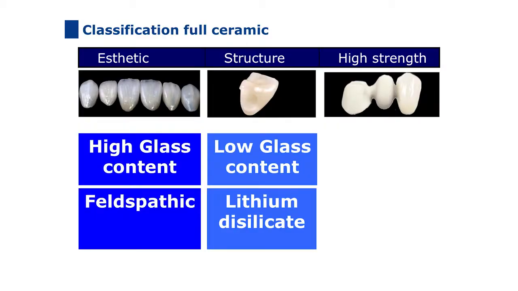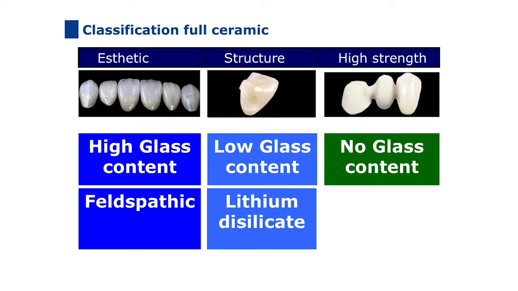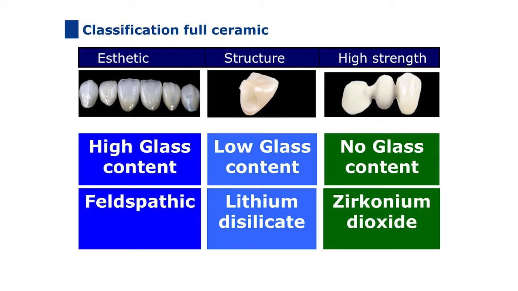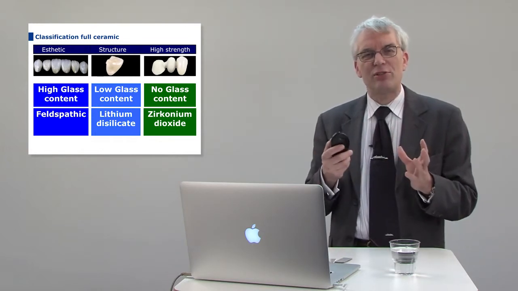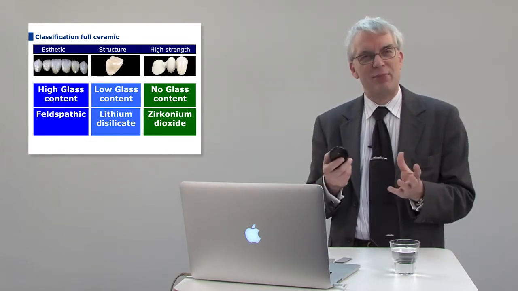So lithium disilicate, which is also called Emax, this is a trade name, is the really, really big newcomer on the block. And last but not least, we have high strength with no glass, and this is zirconium dioxide or aluminum oxide. And these materials need special bonding agents or cements, basically.